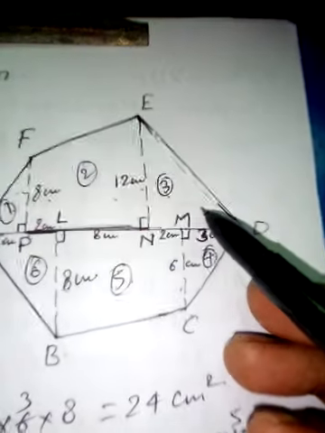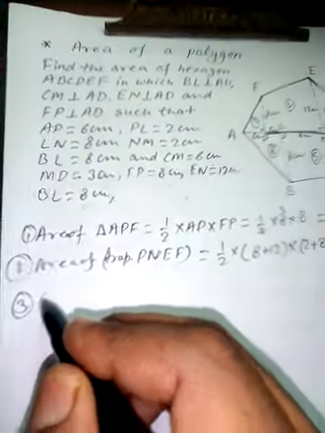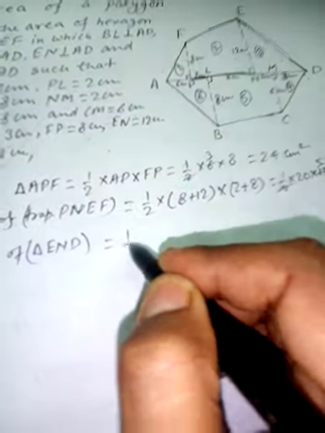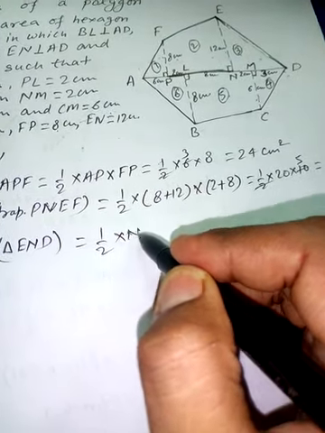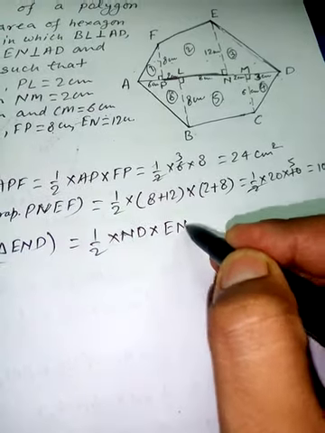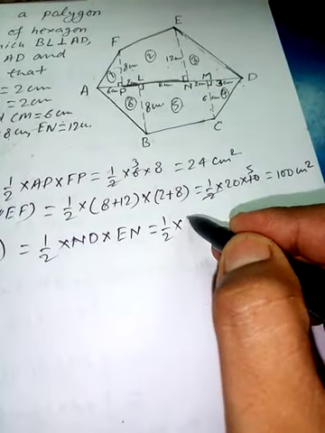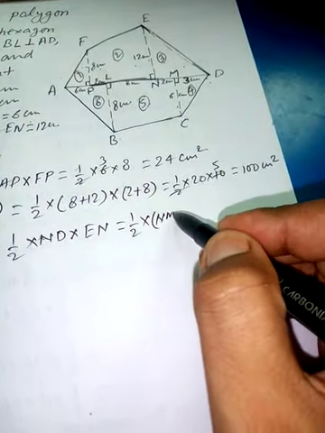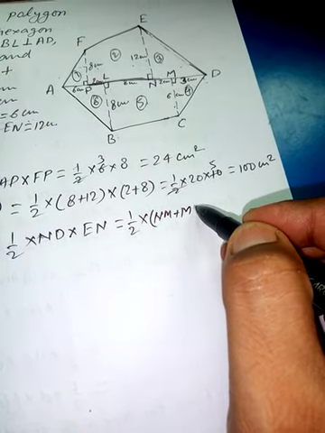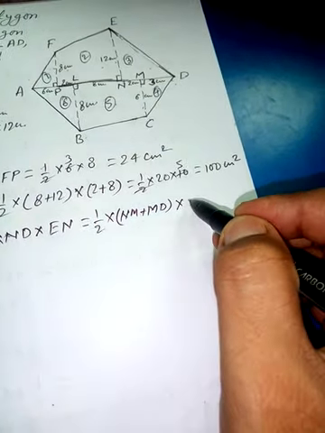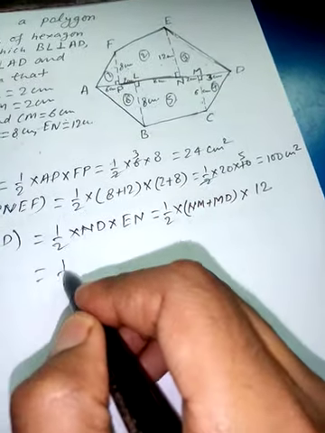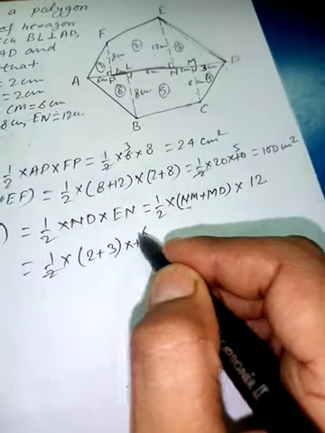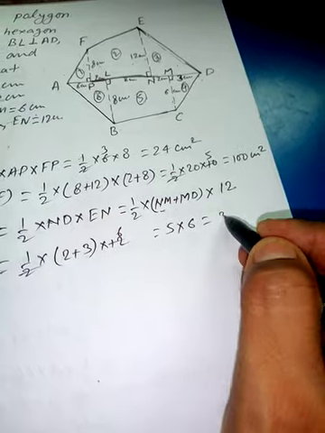Now number 3, area of this triangle END. 1 by 2 into base ND into height EN. Base ND means NM plus MD, into EN, that is 12. Now 1 by 2 into NM is 2 plus 3 into 12, 5 into 6, that is 30 centimeter square.